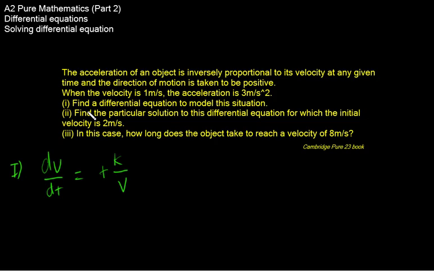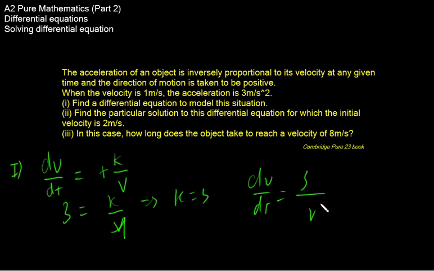Now, when the velocity is 1 meter per second, the acceleration is 3 meters per second squared. So when v is 1, the acceleration is 3. So 3 is equal to k over 1, so we have k is equal to 3. So dv over dt is 3 over v. Simple.